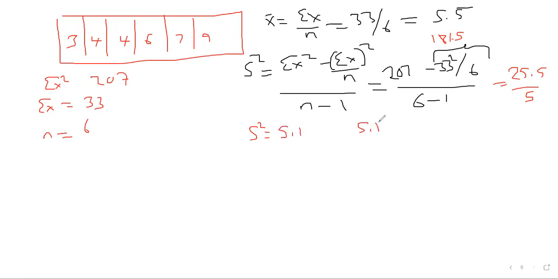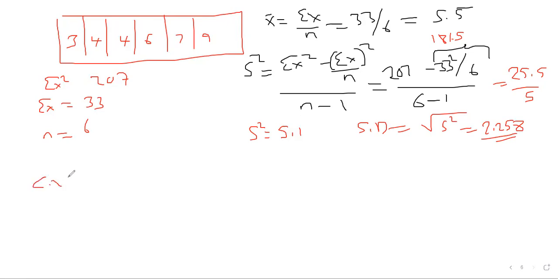Then our standard deviation is simply the square root of the variance. So the square root of 5.1 gives 2.258.